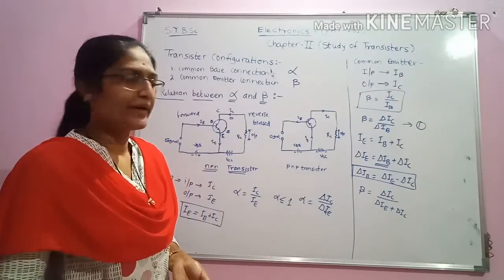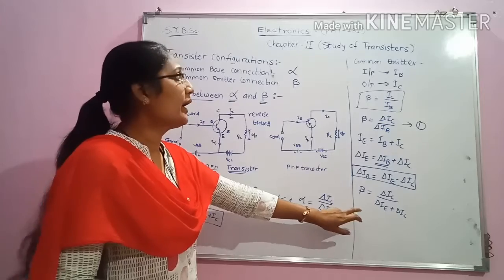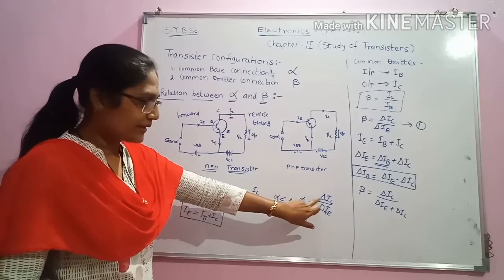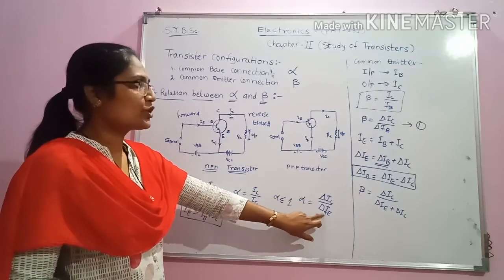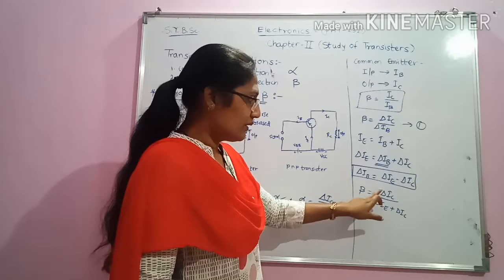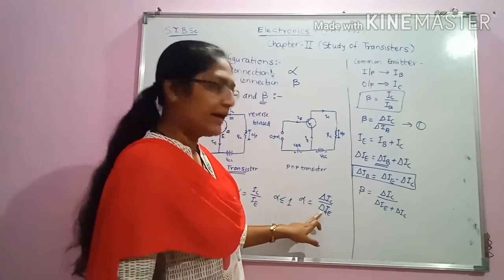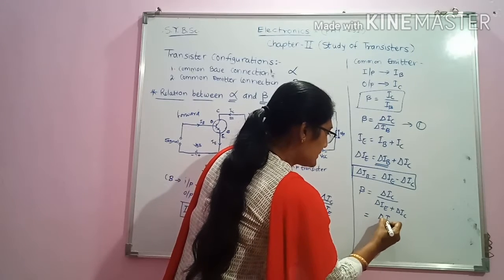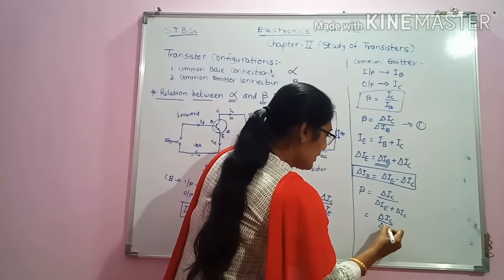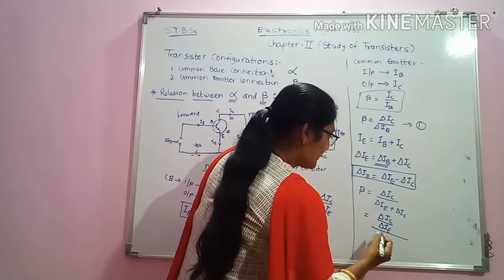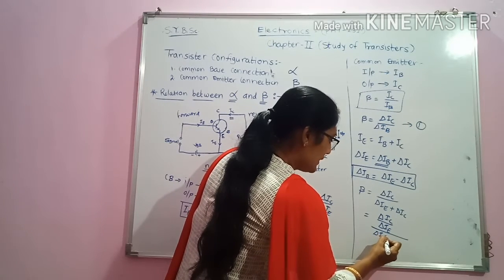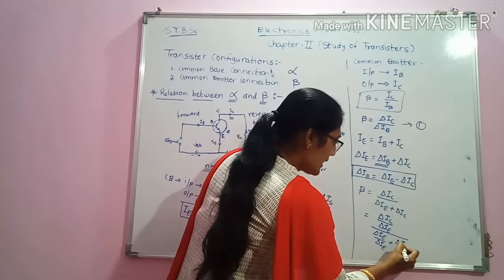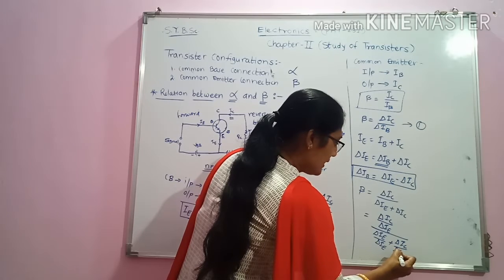Now we want to find the relation between alpha and beta. In case of alpha term, delta IC is divided by delta IE. So we have to divide this numerator and denominator by delta IE. So it will become delta IC upon delta IE divided by delta IE upon delta IE plus delta IC divided by delta IE.